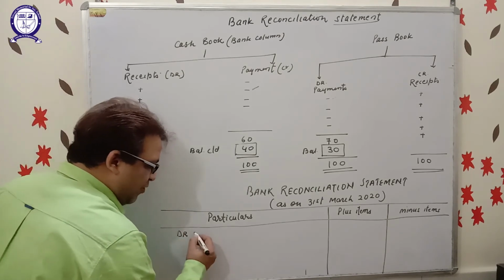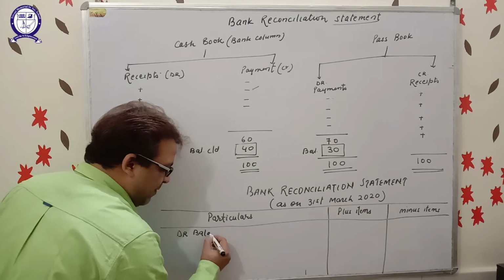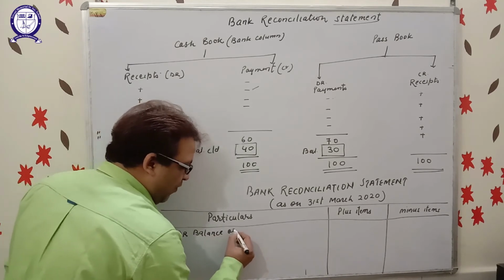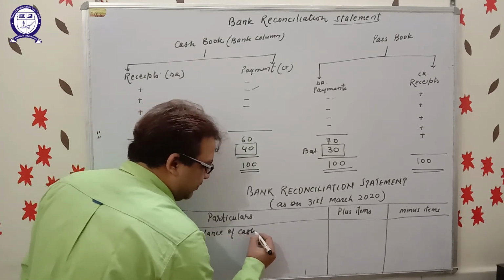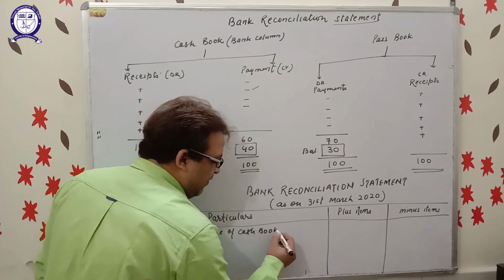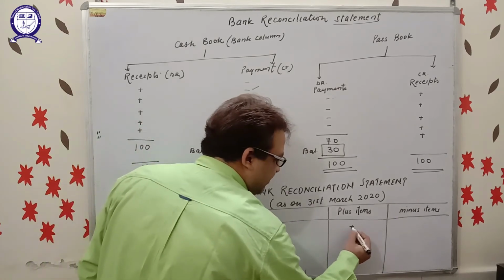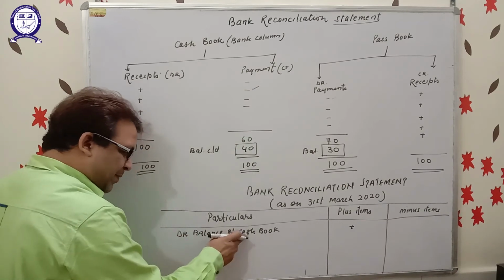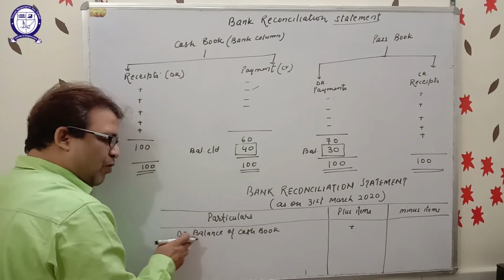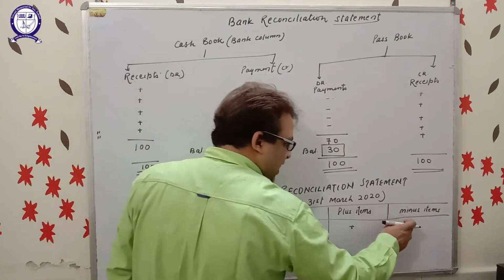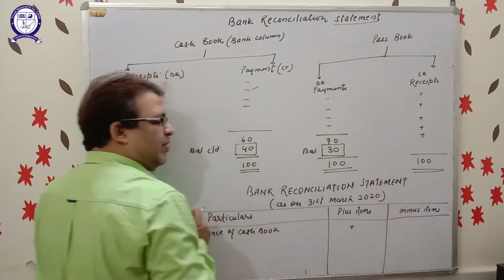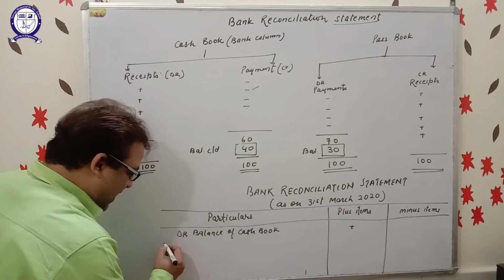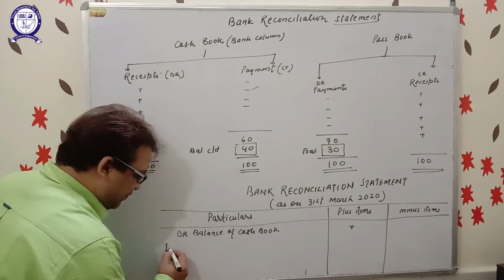Suppose debit balance of cash book is given. We will write here on the plus side. If overdraft balance of cash book is given, credit balance or overdraft balance, we will write here the balance.